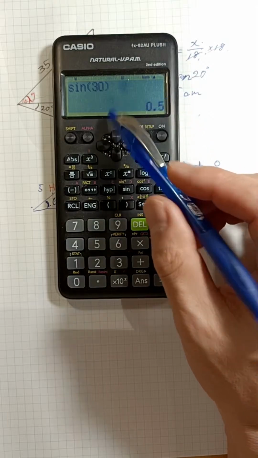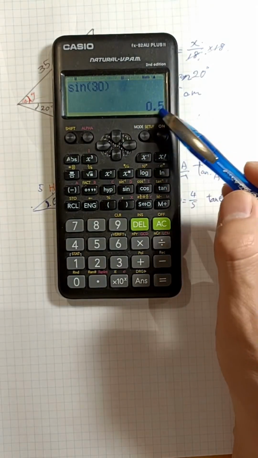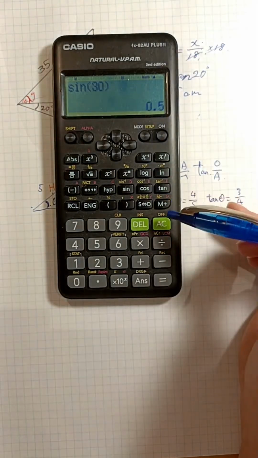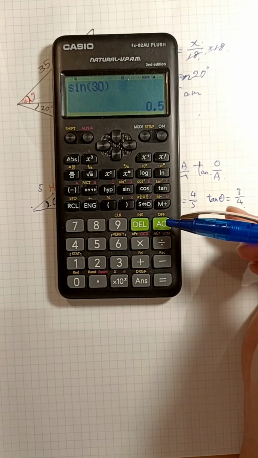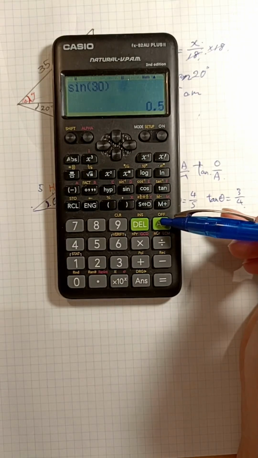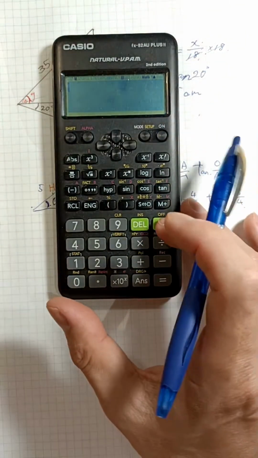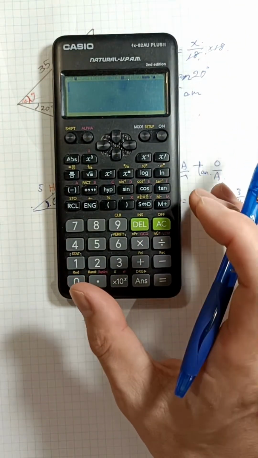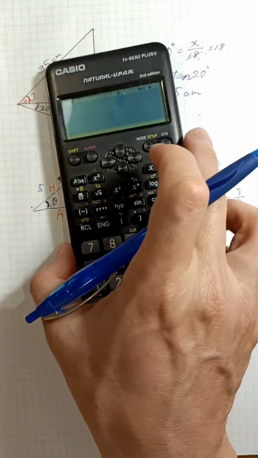If you type sine 30 and you get a totally different number, your calculator is in the wrong setting. So you need to ask your math teacher or a friend who is good at using calculators to change the setting. If you are my student, I'm happy to adjust it for you, so just visit me.